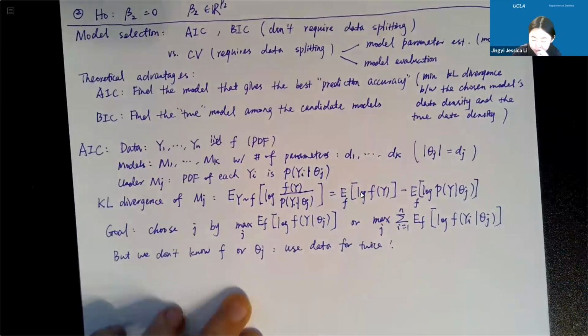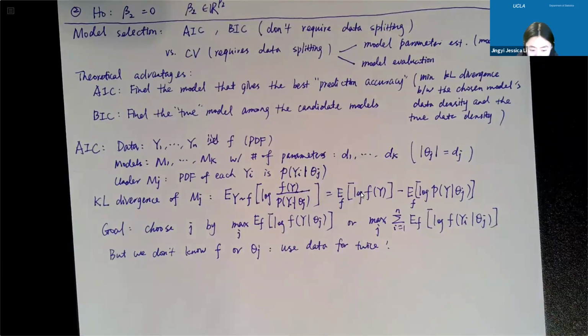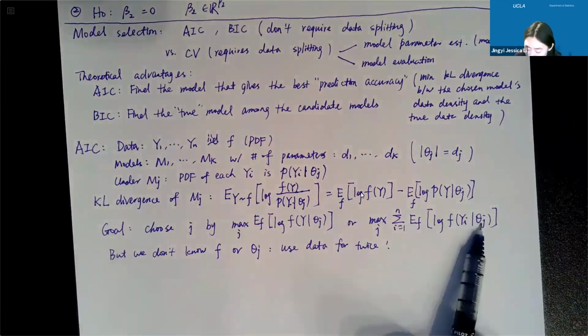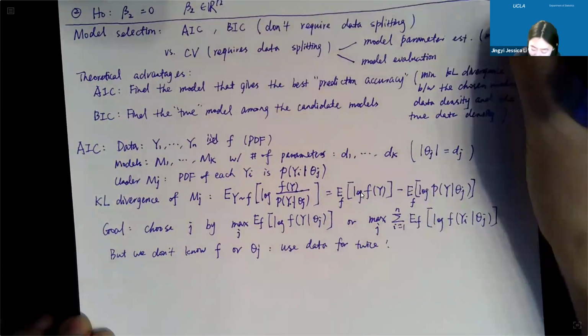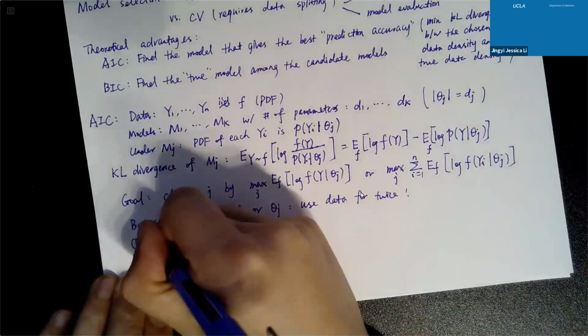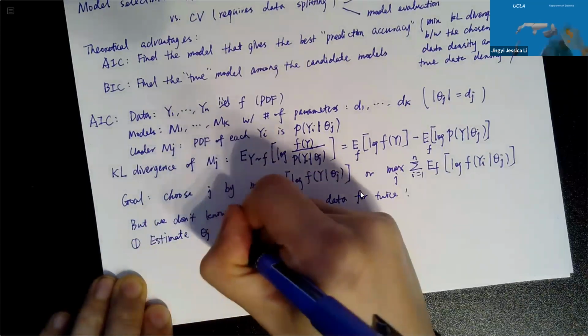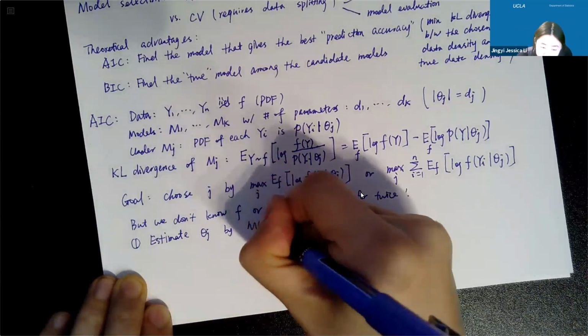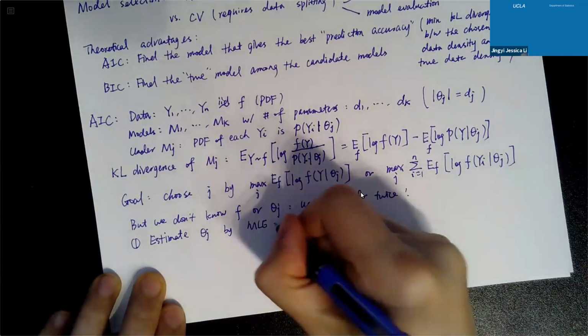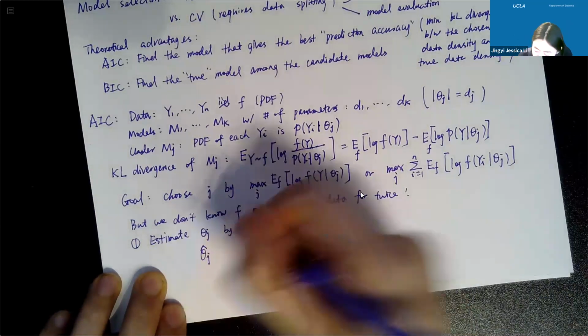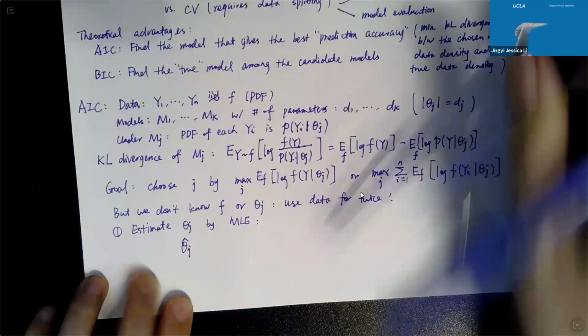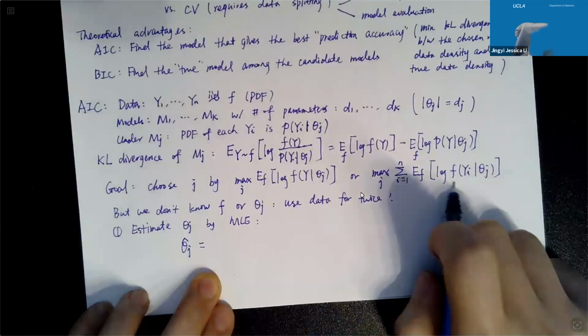So how do we estimate theta j from our data? Clearly, the most popular approach, and the approach we introduced in our class, is to use the MLE. So if we estimate theta j by MLE, we can denote that as theta j hat, and it is trying to maximize this.